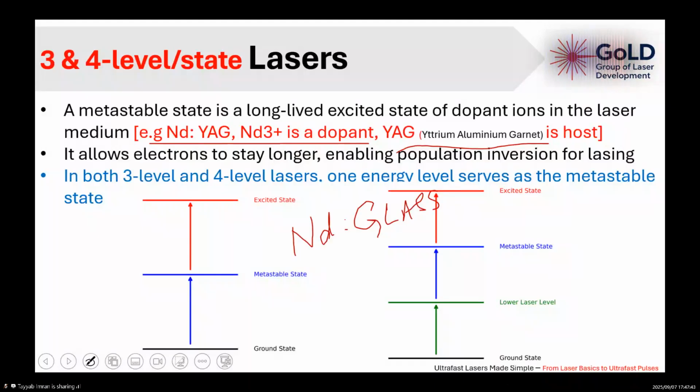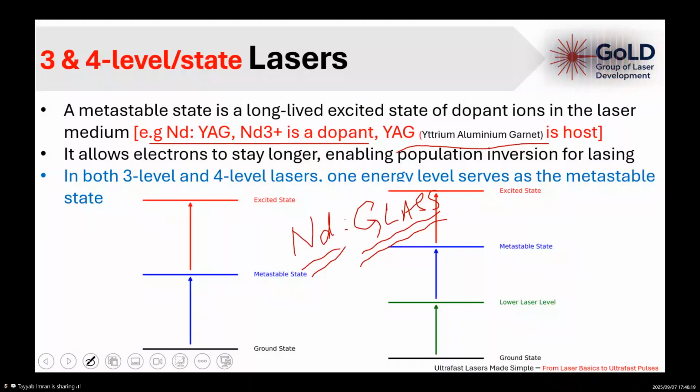So in Nd glass, the glass is the host and Nd is the dopant. It's the same idea: Nd here is a dopant, so it helps to have a metastable level. And if you have a metastable level, then you have a population inversion.